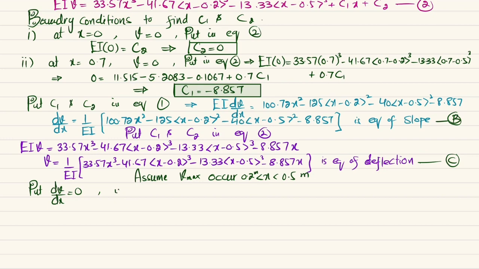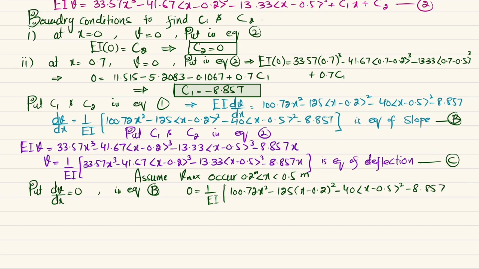So put dV/dx in equation number B. So when you put 0 is equal to 1 over EI into 100.72 x square minus 125 into (x minus 0.2) minus 40 into (x minus 0.5) square minus 8.857.